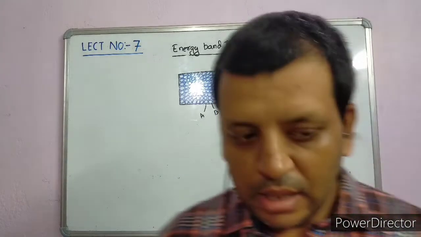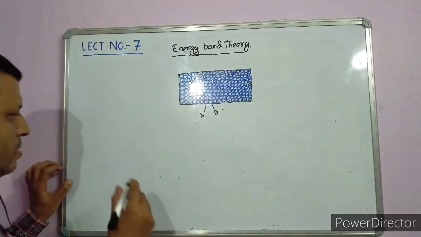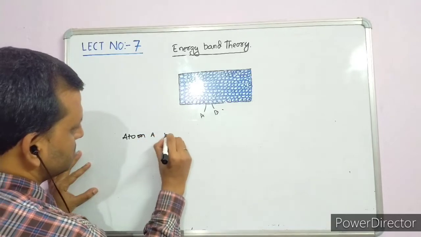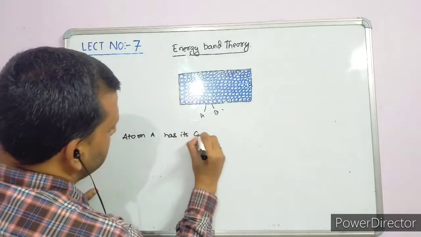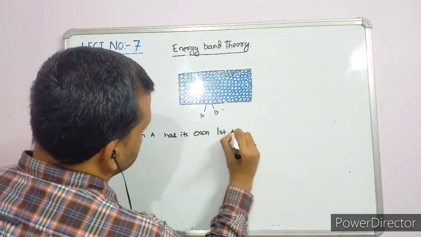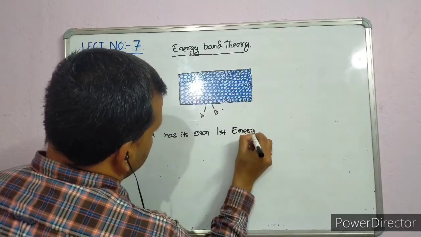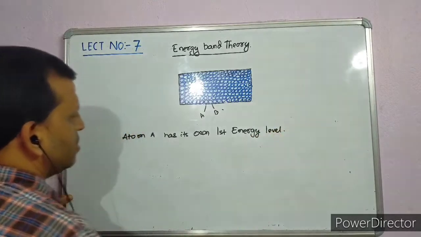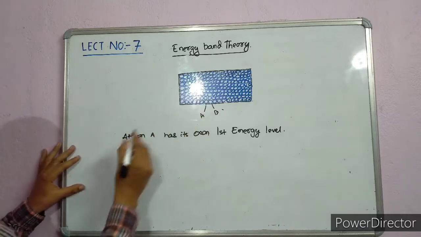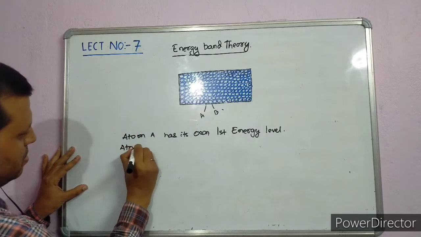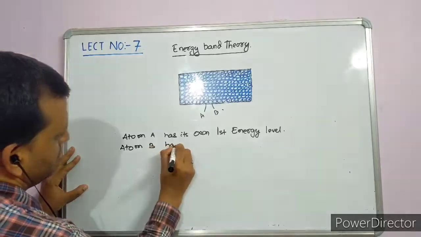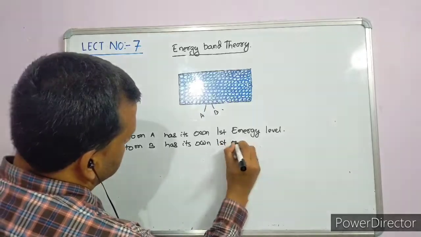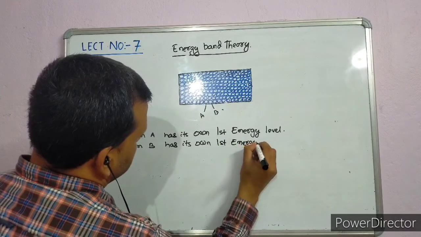Atom A has its own first energy level. Similarly, atom B also has its own first energy level.